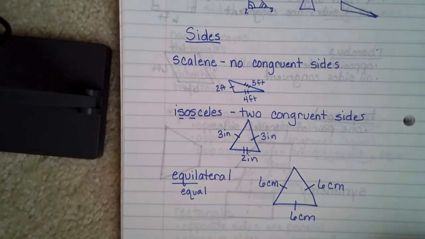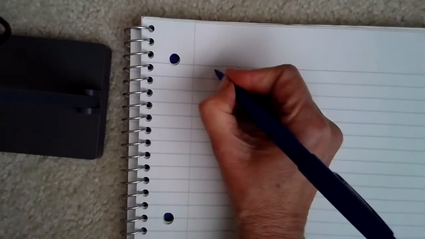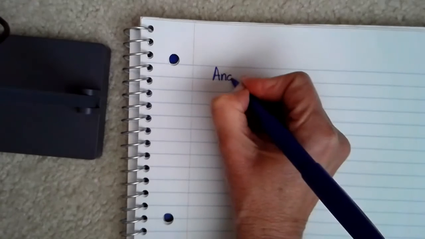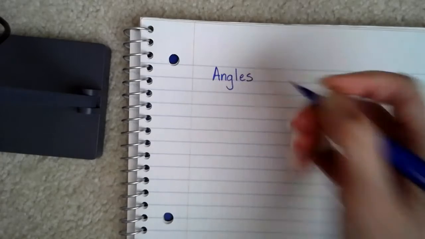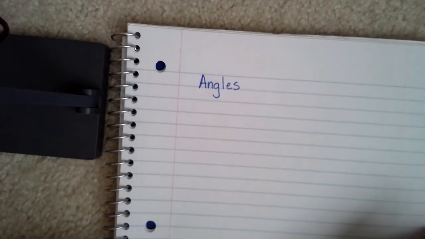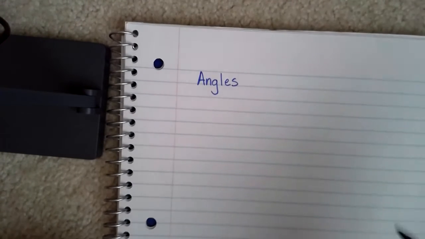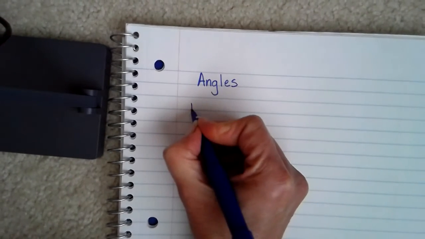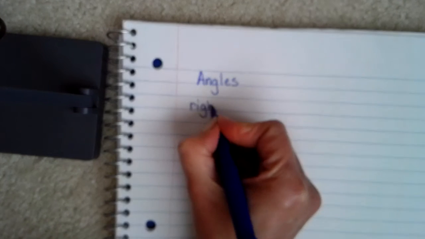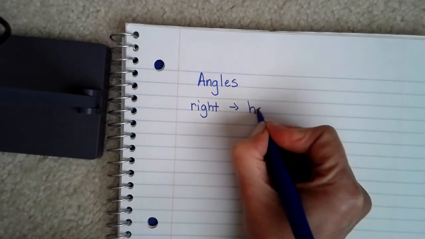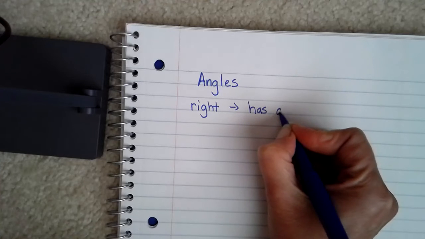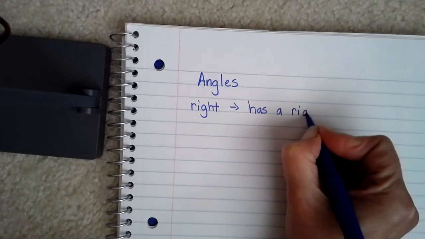Now the other three ways that we would describe triangles are by their angles. With their angles, we have a right triangle, and this is one that has a right angle in it.